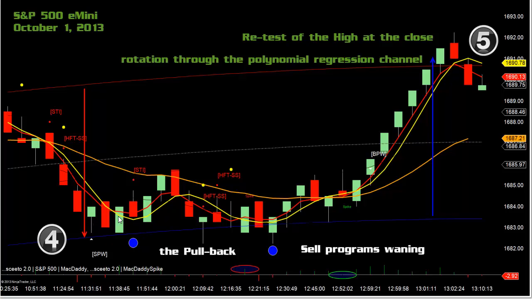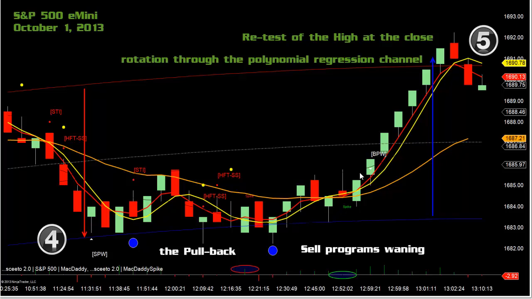Following the alerts that the sell programs were no longer dominating the auction, the digital filters turned up and high frequency initiated buying entered the market as the Gaussian filter turned above the Kalman filter.